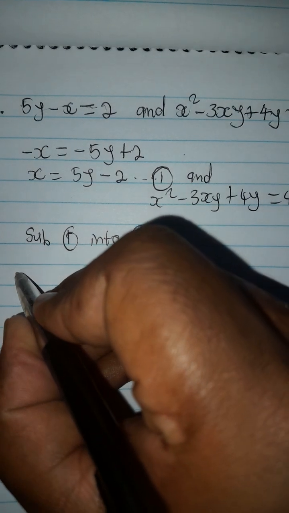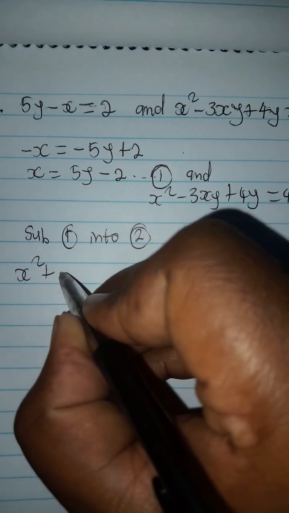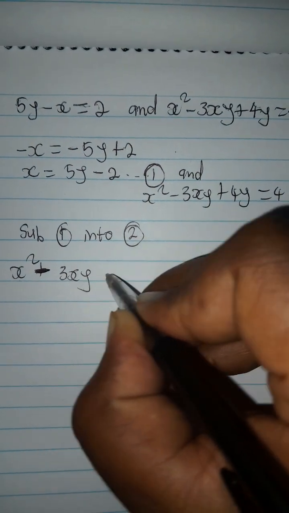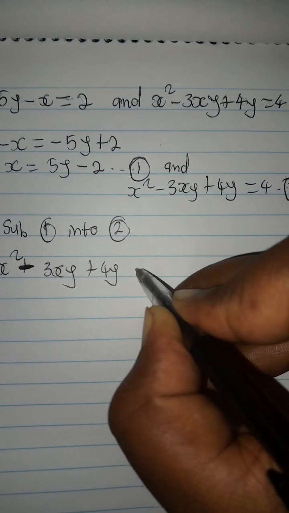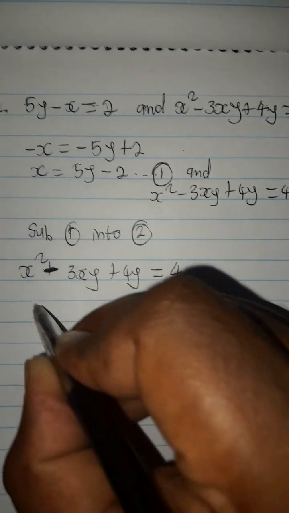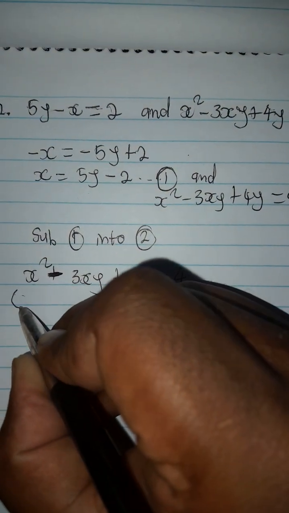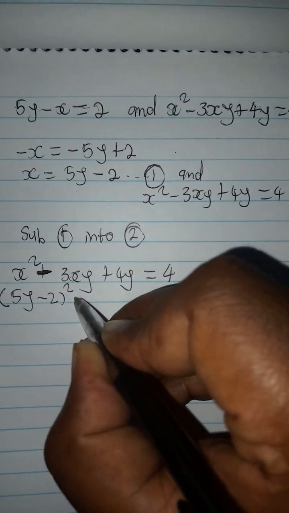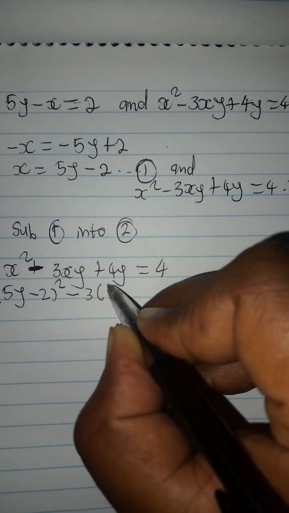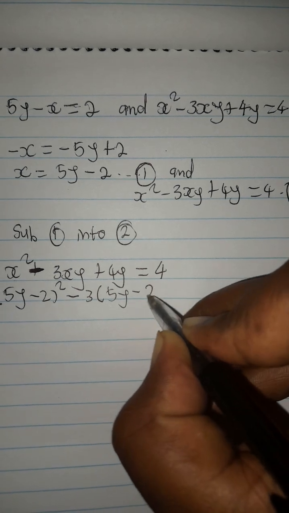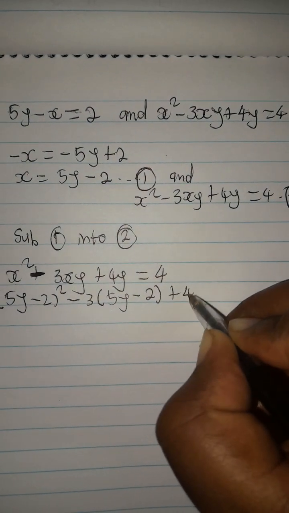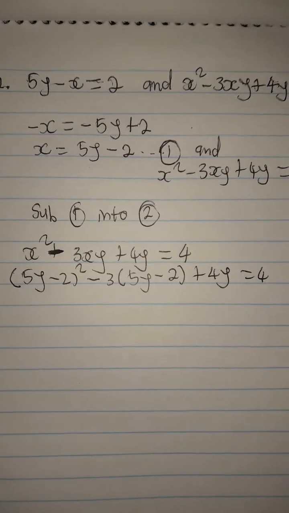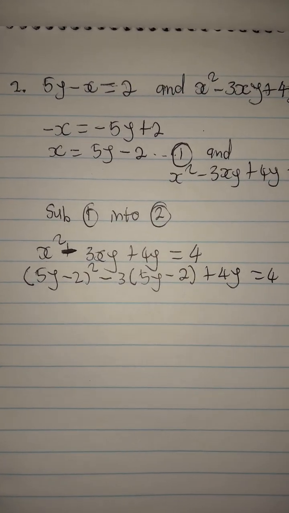So let's write: x squared minus 3xy plus 4y is equal to 4. Where I see x, I replace it by 5y minus 2, just as I've stated, giving (5y minus 2) squared minus 3(5y minus 2)y plus 4y, which is equal to 4.